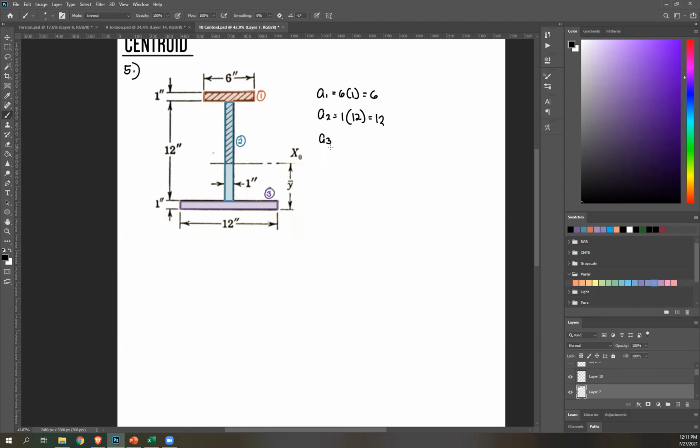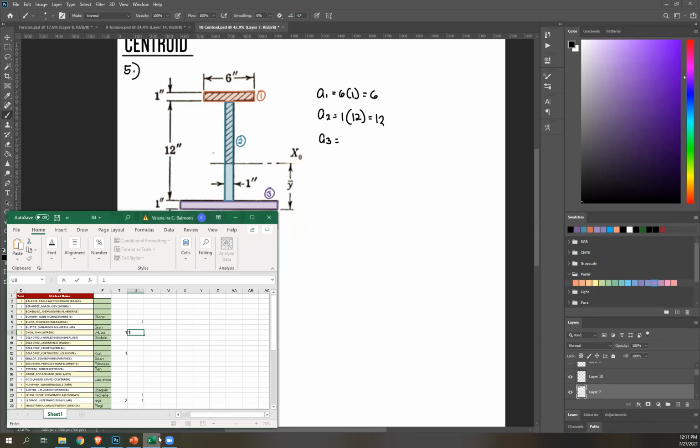And what's area 3? Correct. Okay. It's also 12.